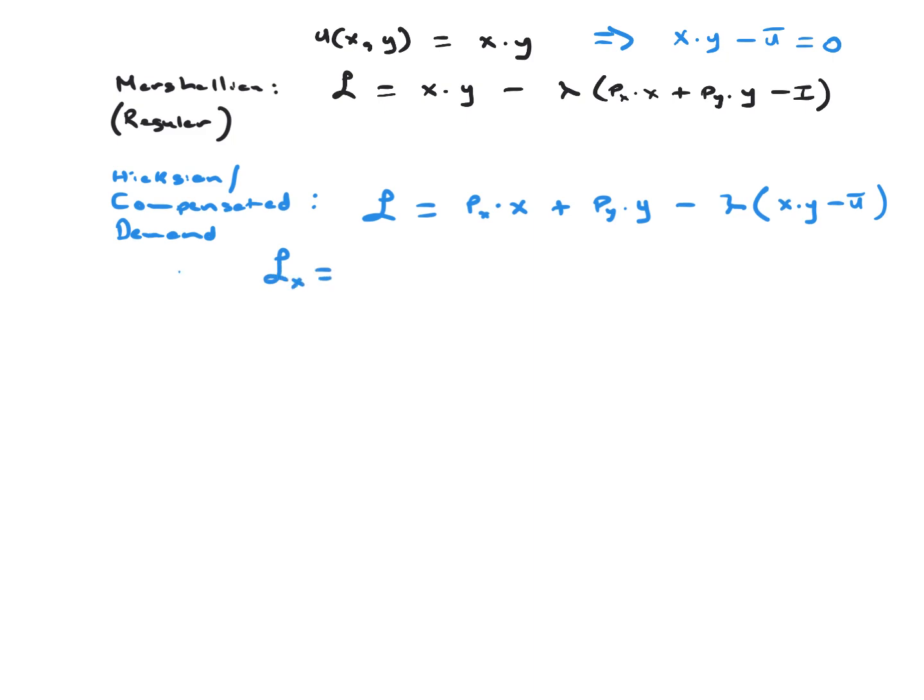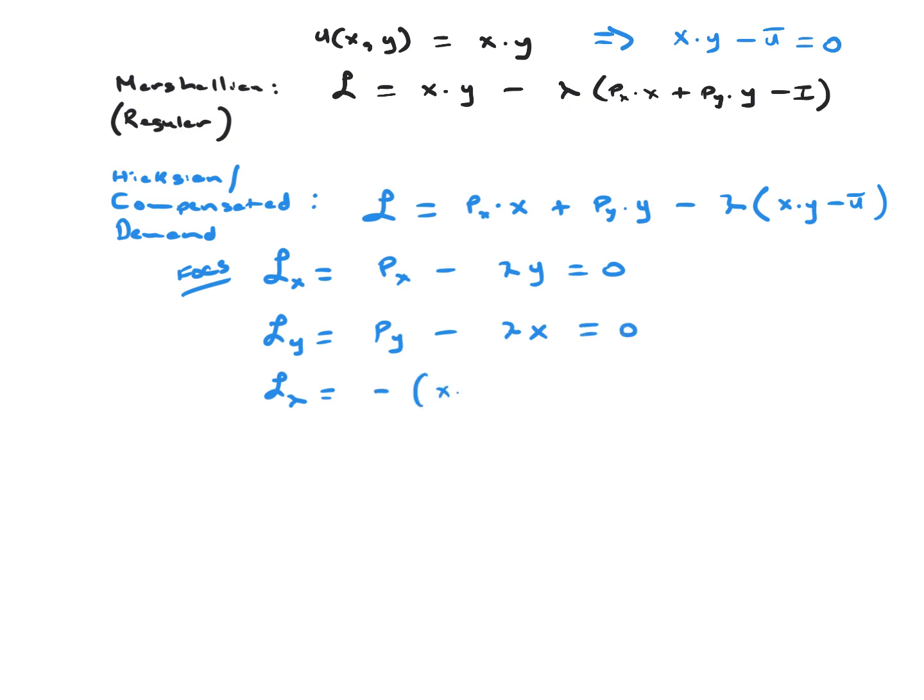So we're going to set up our first order conditions. We're going to differentiate with respect to x, with respect to y, and with respect to the Lagrangian multiplier. So as I differentiate with respect to good x, I'll get p sub x minus lambda times y, and I set that equal to 0. Py minus lambda times the marginal utility of y, which is just, in this case, x.